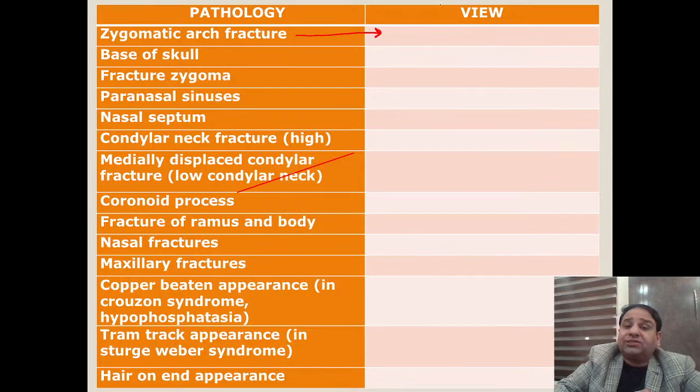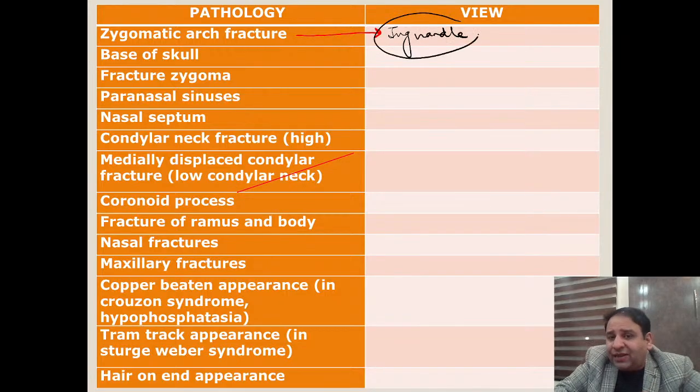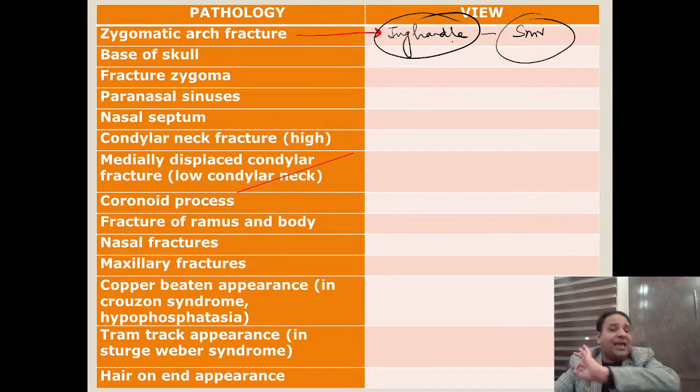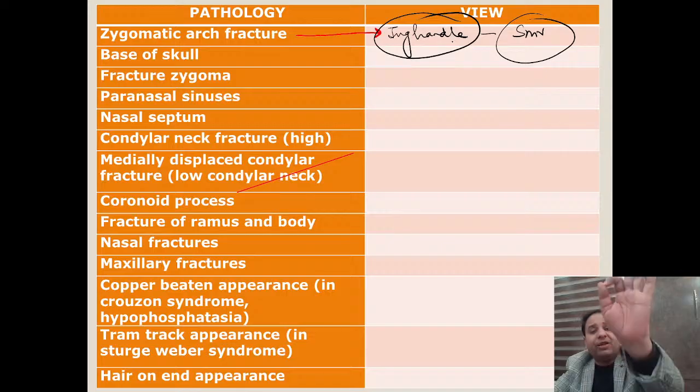The best view for zygomatic arch fracture will be the jug handle view anytime. If the jug handle view is not in the option, then your answer will be submento vertex. Jug handle view is the best answer, but if it is not in the option, then the second best view will be the submento vertex view.